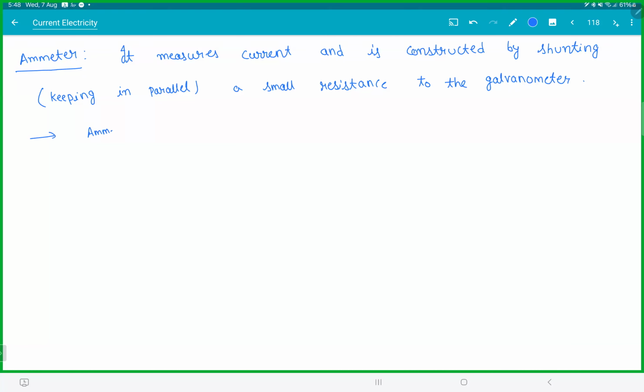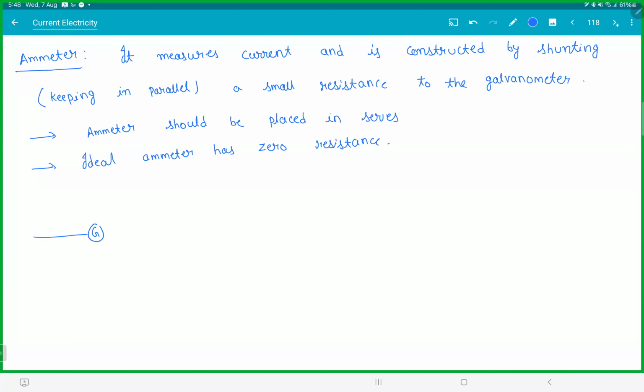And let's see how that works. So first thing, an ammeter should be placed in series. An ideal ammeter has zero resistance. So let's see the working.